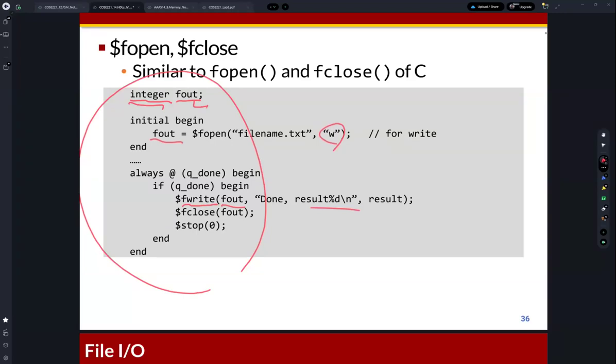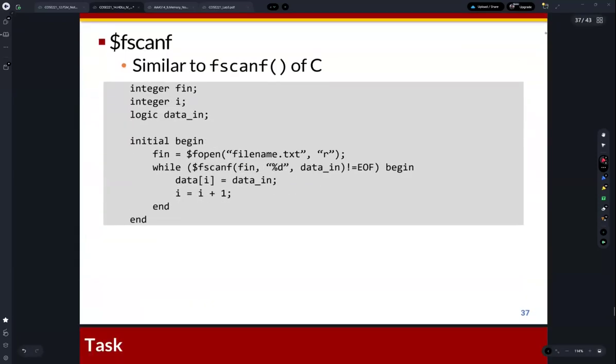It is because I just declared the file for write, and then I used the fwrite function. If you are interested, you can find it in the provided test bench file. We also use fscanf, like the fscanf function in C.